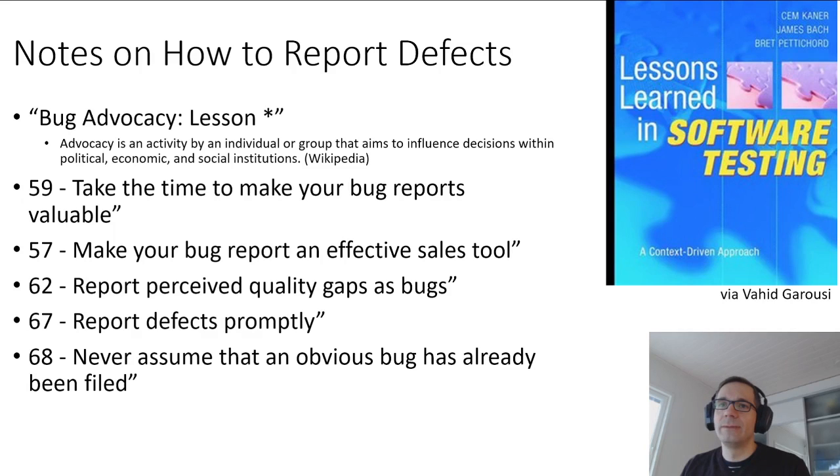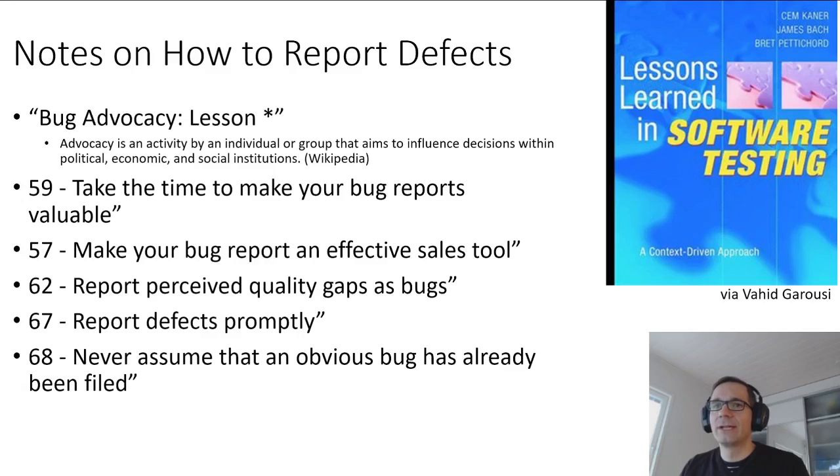According to Wikipedia, advocacy is an activity by an individual or a group that aims to influence decisions within political, economic, and social institutions. Put in the context of software testing and defect reporting, the institution would be a software development organization of any kind.